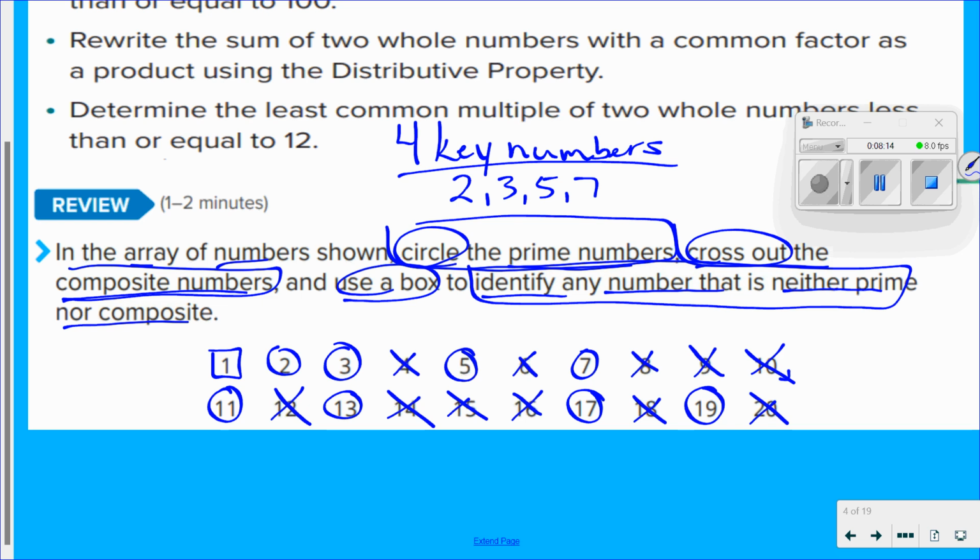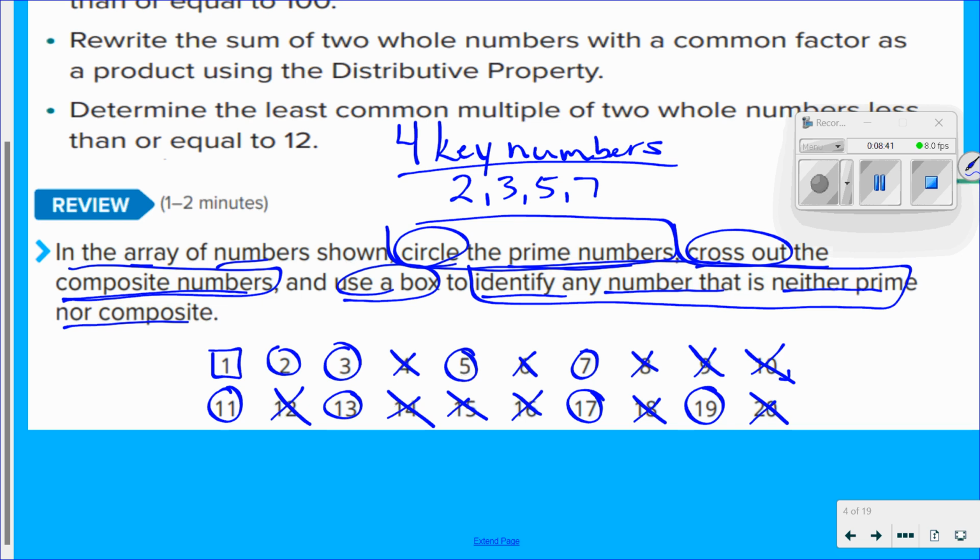So what do I mean about these being so key? Let's just talk about a couple examples. If you look at our list, you'll notice something. 2, 3, 5, and 7 were the first 4 circled numbers. They are our first 4 prime numbers. Every other number on that list comes back to it. Let's take, for example, 15.